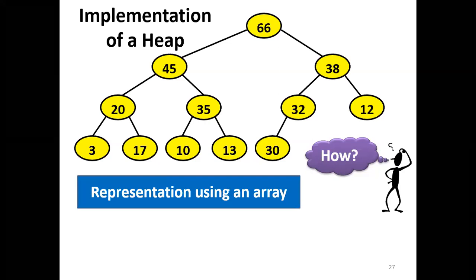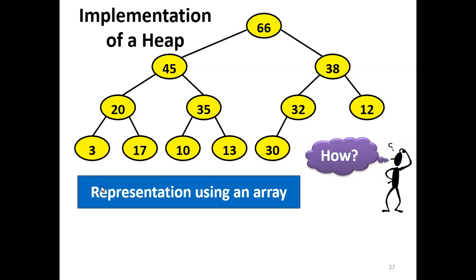While going level by level, you start from the left. What I mean is this. If we want to represent this tree using an array, we start with the root node. At this level, we only have 66.